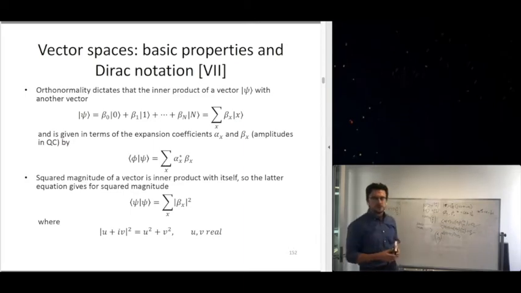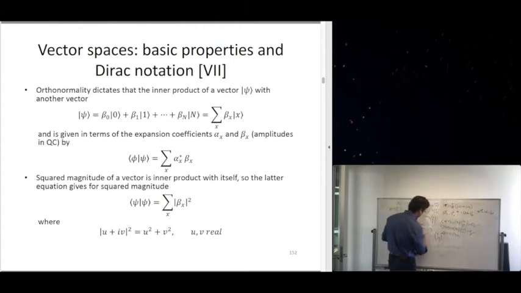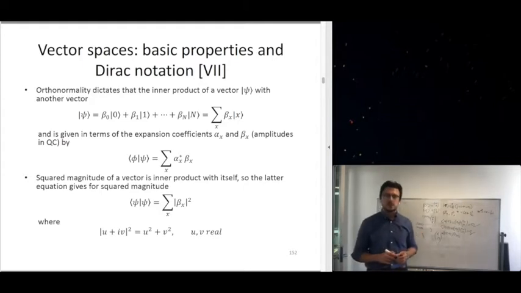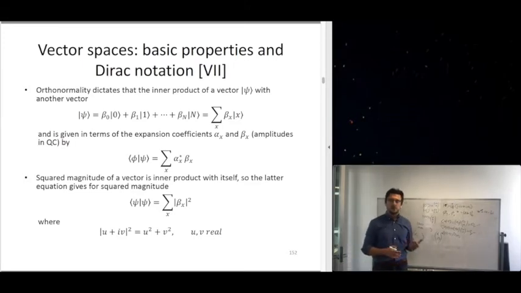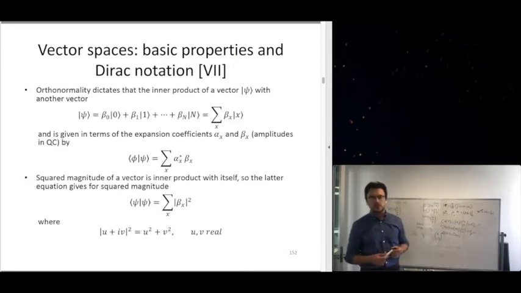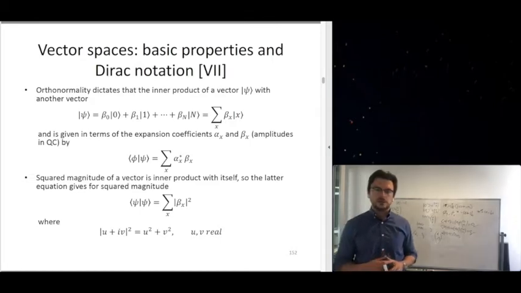In that case, it's given by alpha, which is your row vector. So it would be a row vector with amplitudes, but then also multiplied by the column vector. In the row vector, you need to use the complex conjugate and multiply it by the column vector amplitudes.